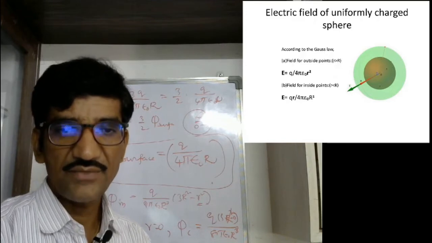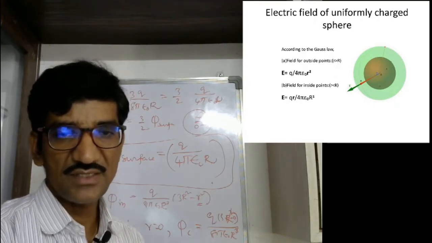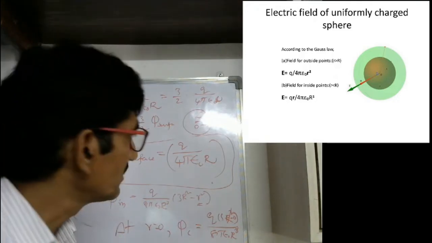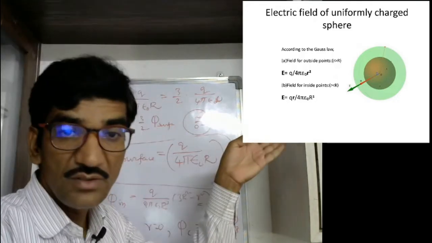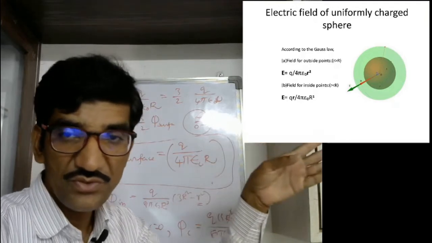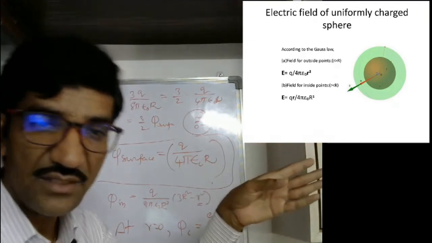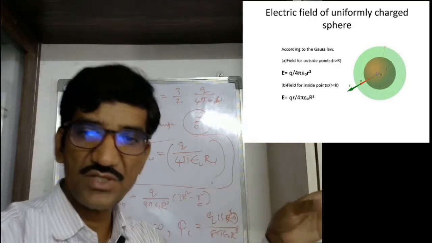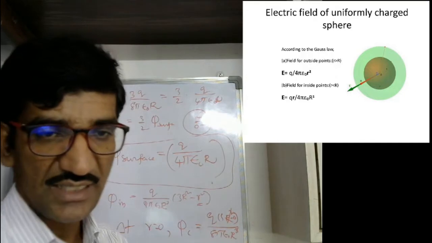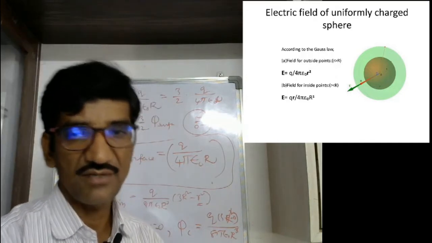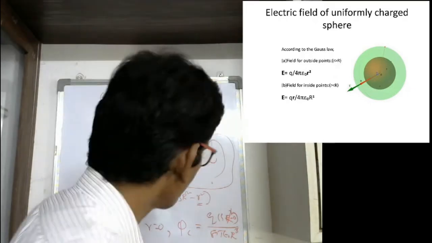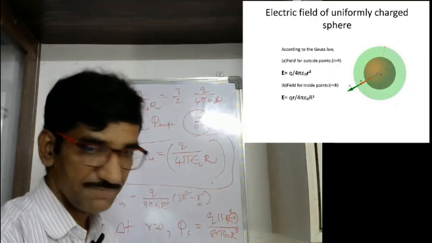It varies as Coulomb's law. That means E varies inversely proportional to r square. But here you have phi inversely proportional to r variation. There you have E inversely proportional to r square variation. There is a difference between the electric field and potential of the same object for both interior and exterior parts. That you have to note.